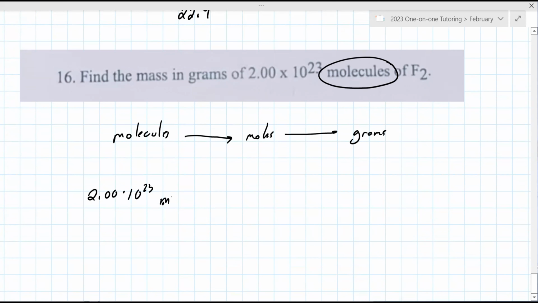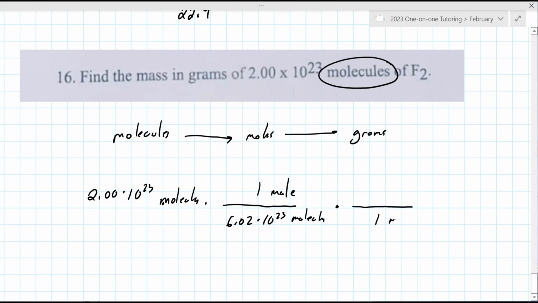And then that's in molecules. And there are 6.02 times 10 to the 23rd molecules in 1 mole, times, and then in 1 mole, we need to figure out how many grams there are.